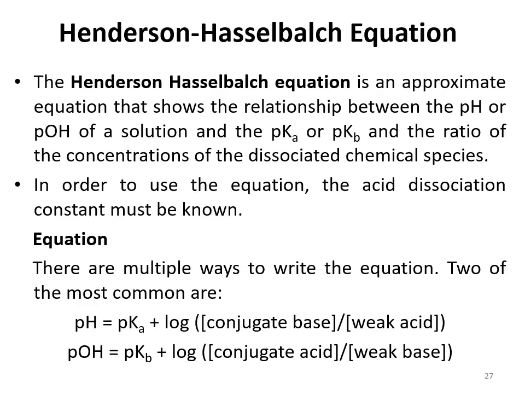It is an approximate equation that shows the relationship between pH or pOH of a solution and the pKa or pKb and the ratio of concentration of the dissociated chemical species. In order to use the equation, the acid dissociation constant must be known or must be assumed. So what is the equation?